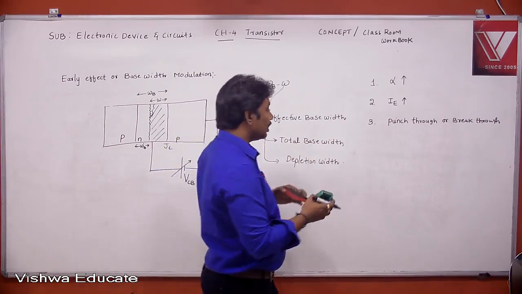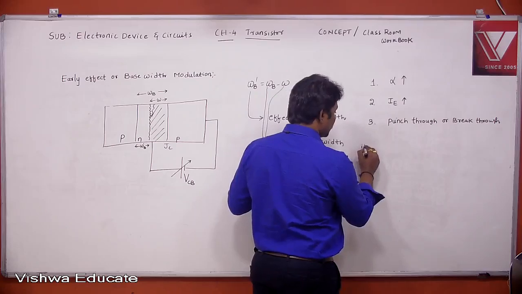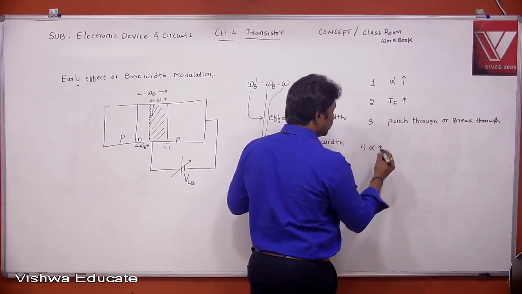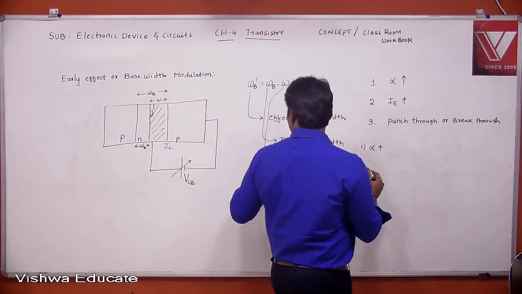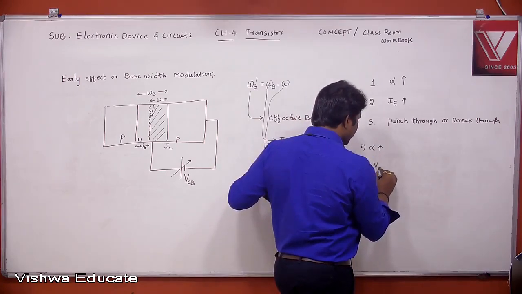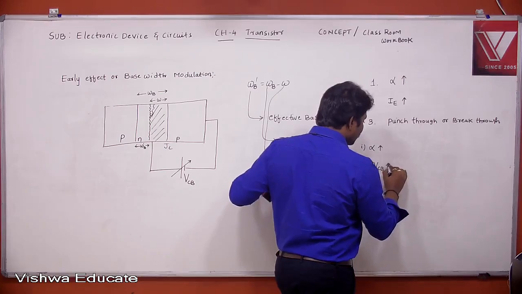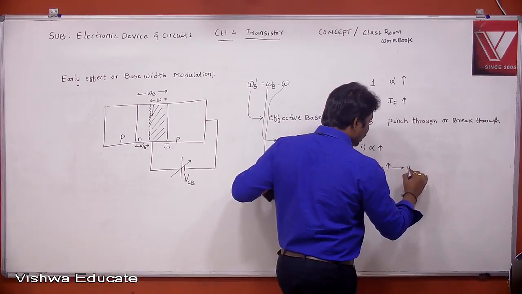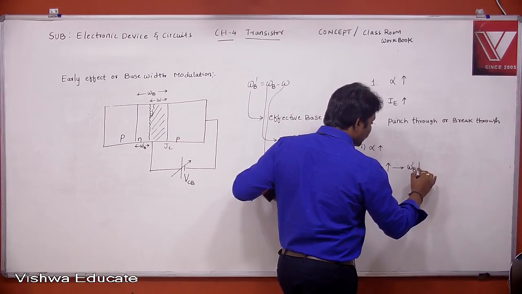The first one, alpha increases. How does alpha increase? If VCB increases, what happens? As VCB increases, the base width decreases.